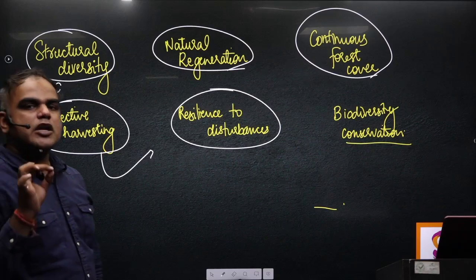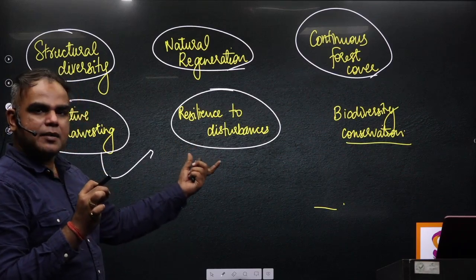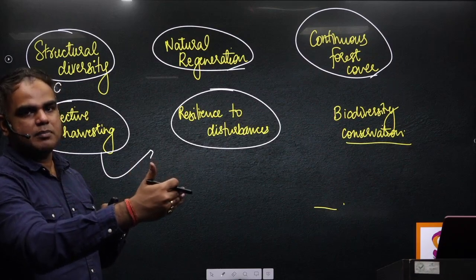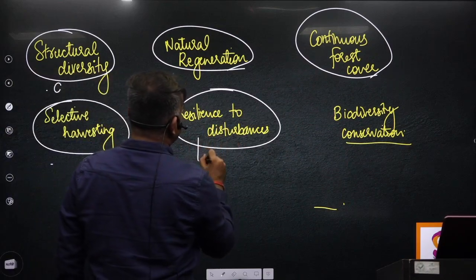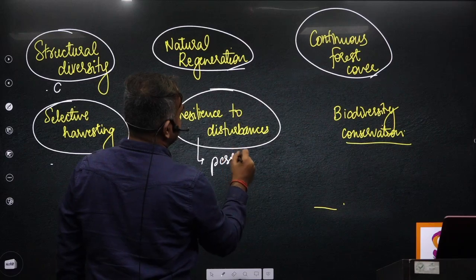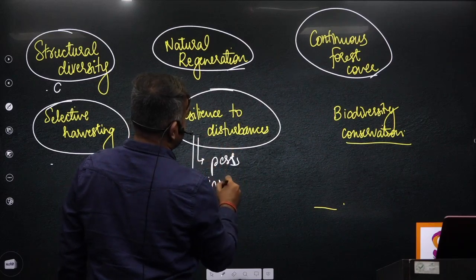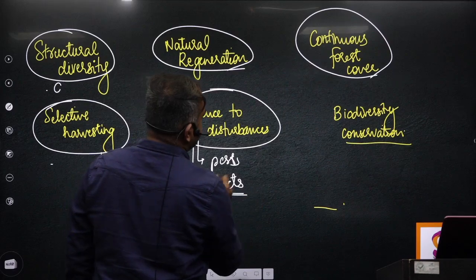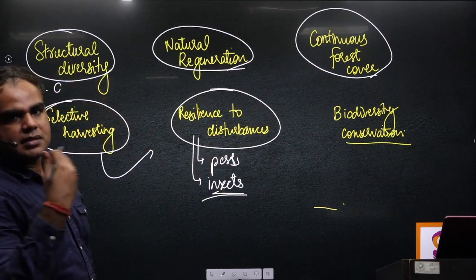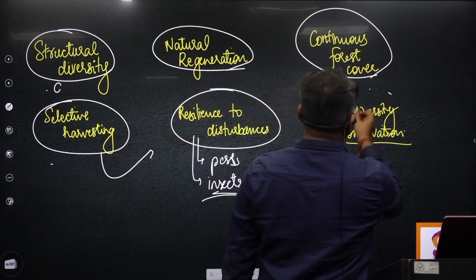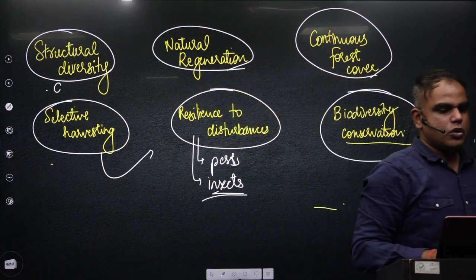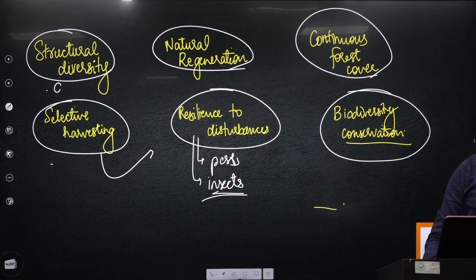So if there is a particular disease or pest for a particular variety, it is not that the entire stand would get banished. So it is resilient to disturbances, be it pests, insects. In that sense it is better, and overall this stand can promote biodiversity conservation. On all these factors, you see that there are a lot of benefits from this. So that is one of the ways how you will talk about it.